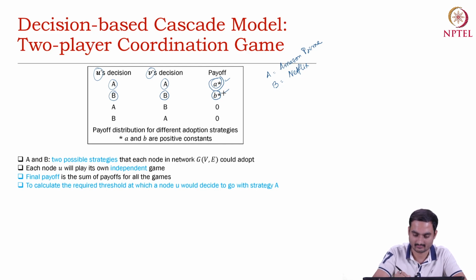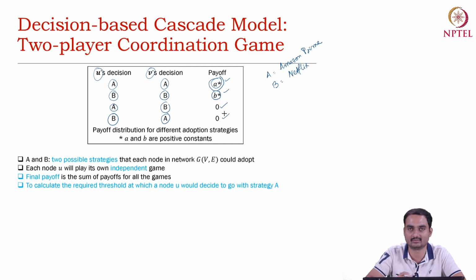Sorry, V has adopted B and U has adopted A, right? So, the strategies are different, therefore, the payoff would be 0, right? And the other way around, V has adopted A and U has adopted B, payoff would be 0.